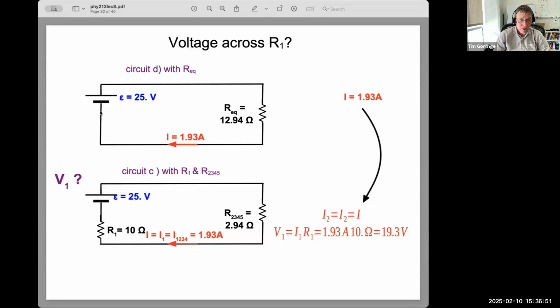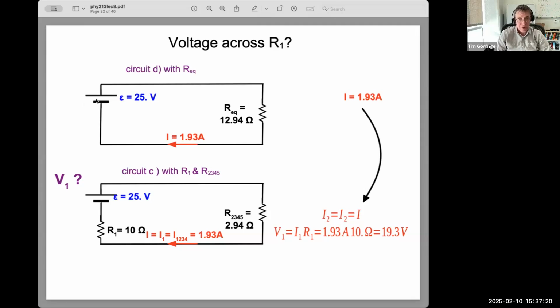The two circuits I'm going to compare are the final equivalent circuit with just one equivalent resistor. It's this circuit upstairs, and it has the battery connected across the terminals of the single equivalent resistor that was 12.9 ohms. And we had figured out that 1.93 amps was flowing around this circuit through the battery and the resistor.